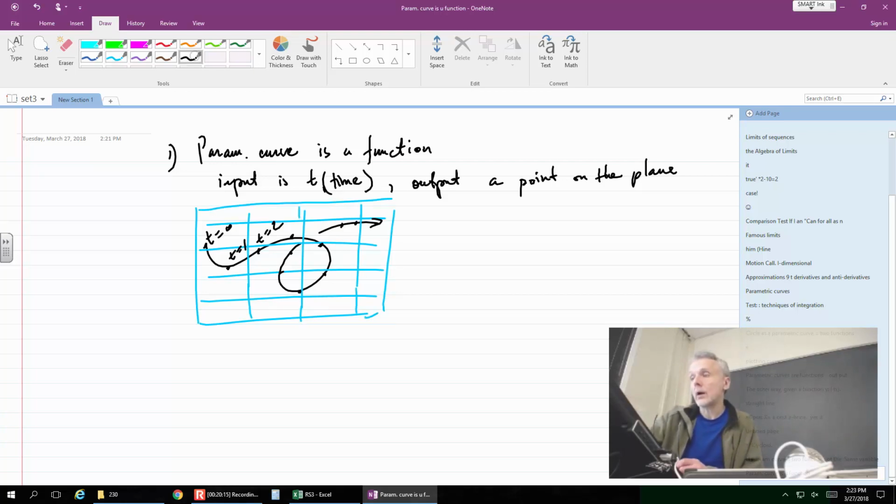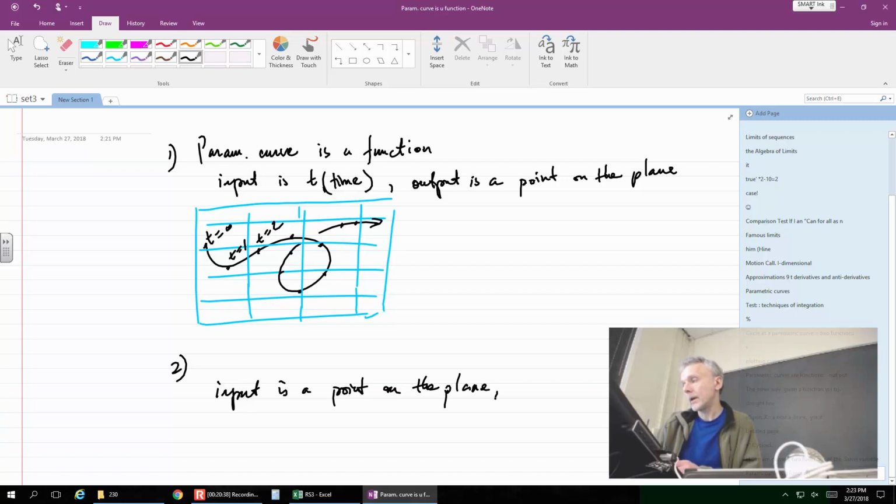So now you can flip it. As you can see, input is a number, and output is a point. Now what if it's the opposite? So input is a point on the plane, and output is, say, z, a number.